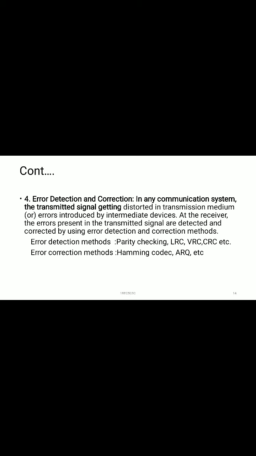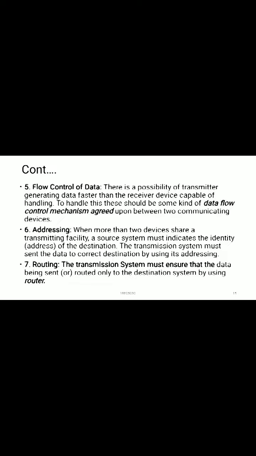For error detection methods, we have parity checking, LRC, VRC, etc. In error correction methods, Hamming codes, ARQ, etc. These are all discussed in digital communication, so no need to discuss again here. Once you check all the correction and detection methods.